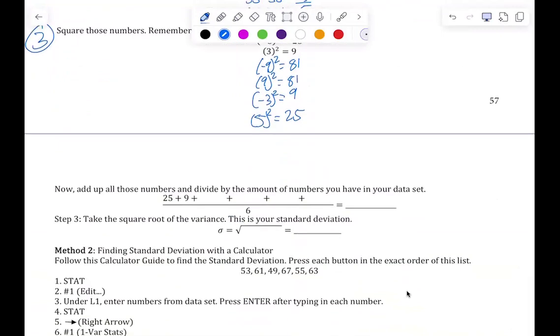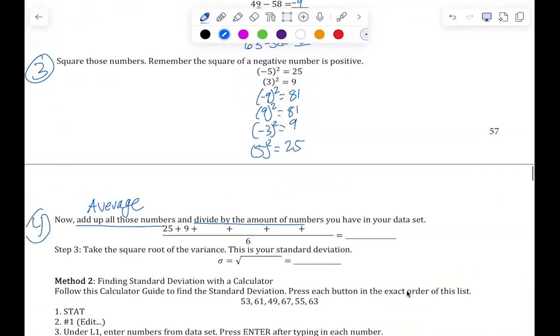Step 4, we're going to add them all up and divide by how many there are, which means we're going to find the average. So step 4, we find the average.